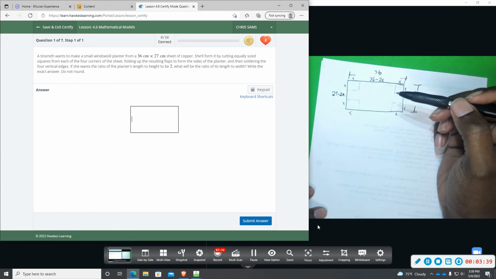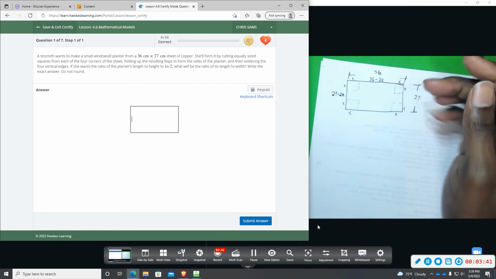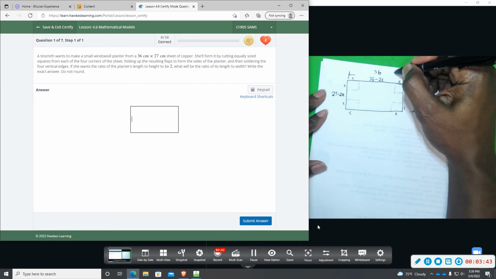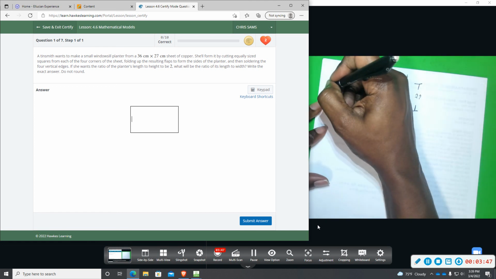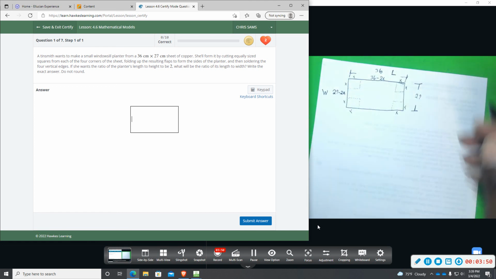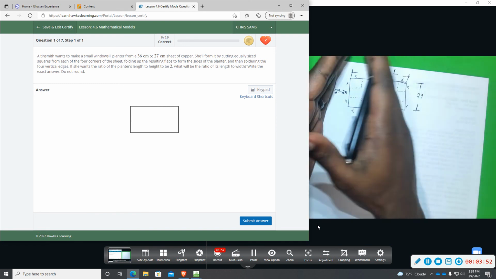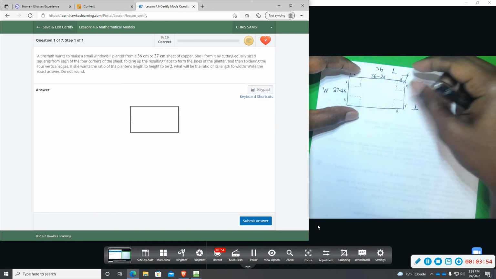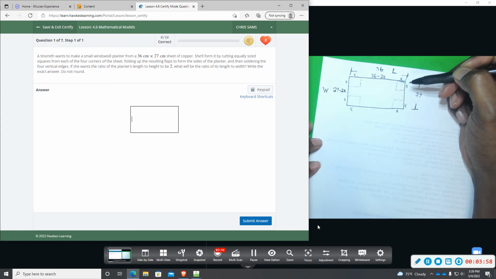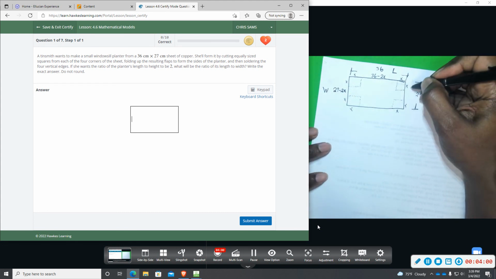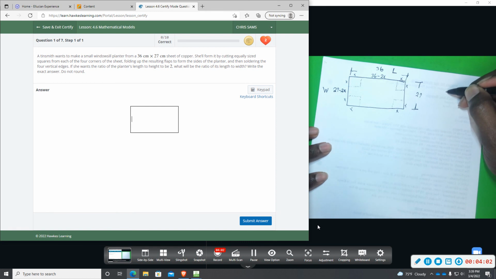From here, we are going to determine the height. So this side is the length. This side is the width. When we fold this up, these sides are going to come up to a height of x. Just imagine if you made a box.